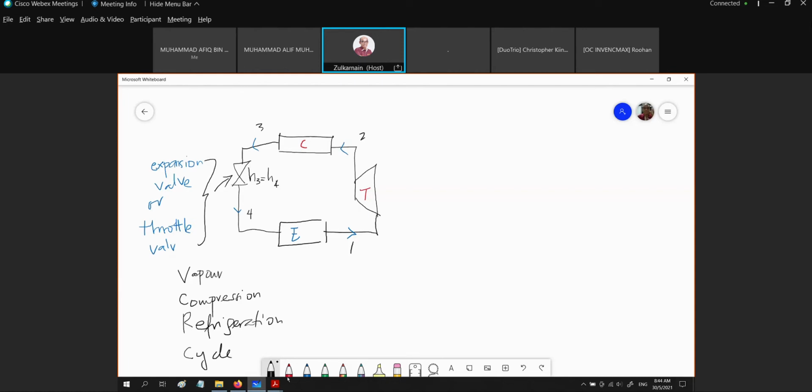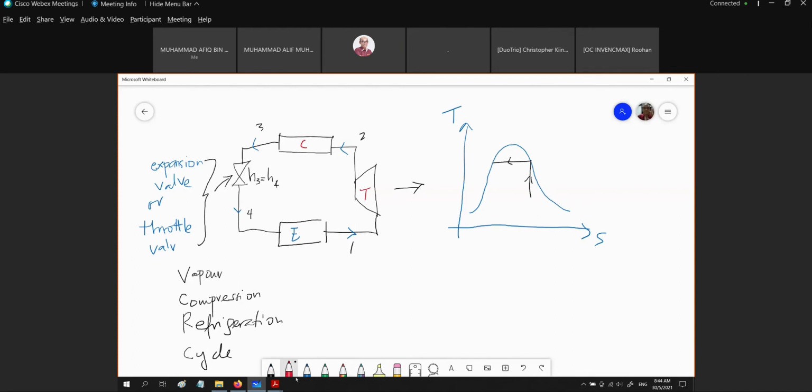So, if we sketch this cycle on the TS diagram, of course, heat rejection has the same profile, and then we have the compression process, same profile. This is our pressure on the evaporator side.